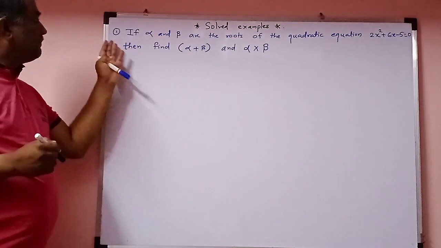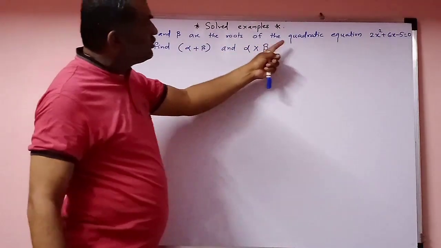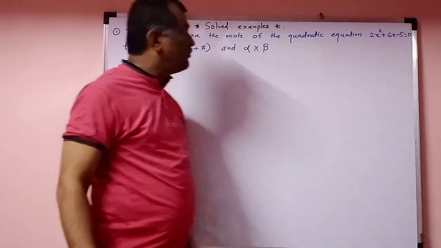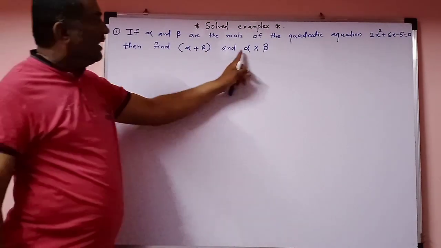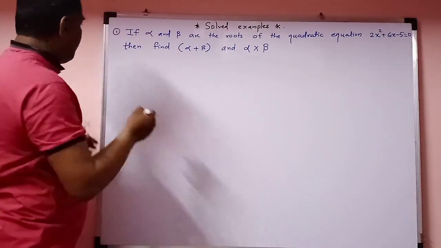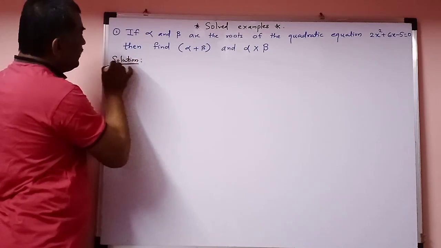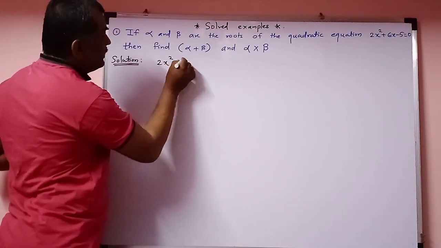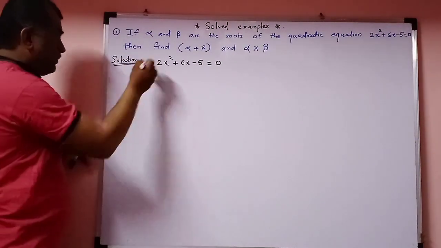In the solved examples, what is the first example? If alpha and beta are the roots of the quadratic equation 2x square plus 6x minus 5 is equal to 0, then find alpha plus beta and alpha into beta. Solution. First write the given quadratic equation. Given quadratic equation is 2x square plus 6x minus 5 is equal to 0.